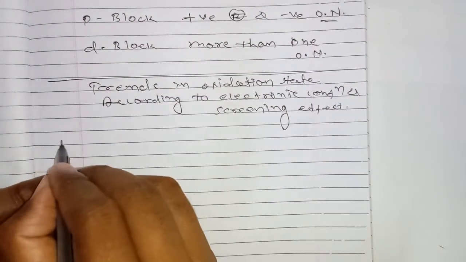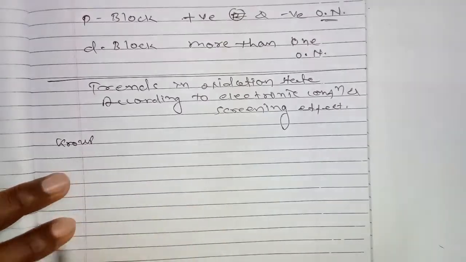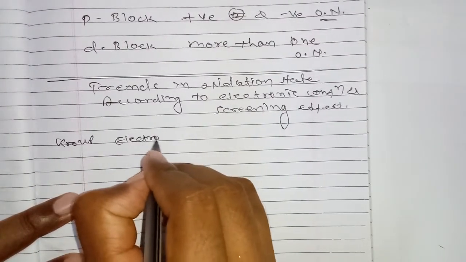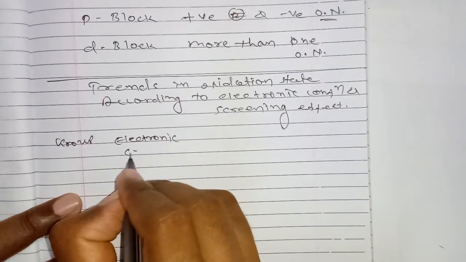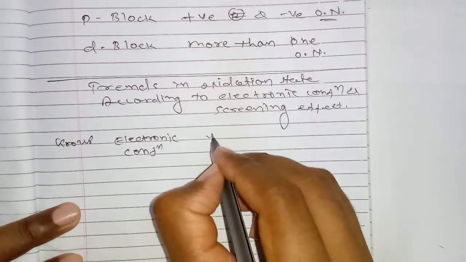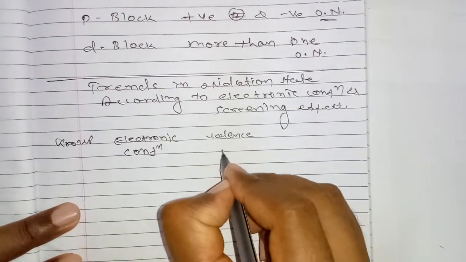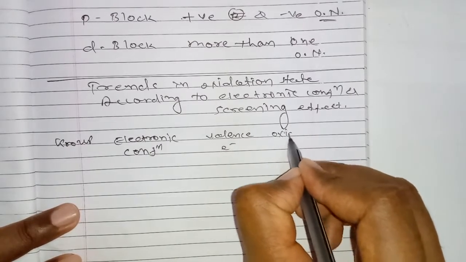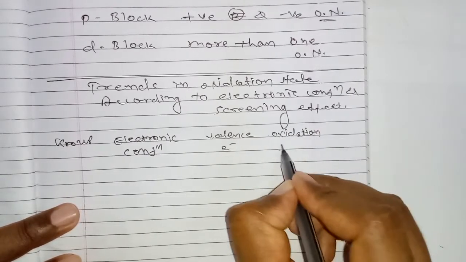For each group, consider its electronic configuration, valence electrons and oxidation state.